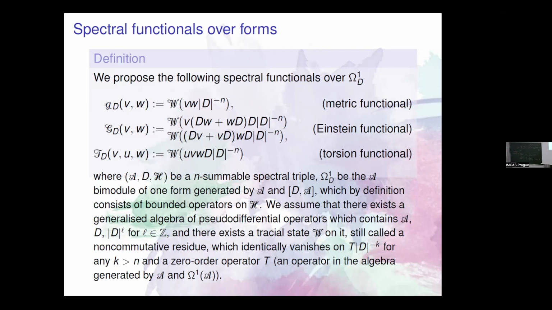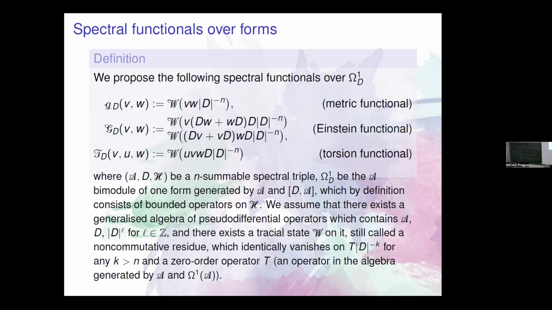What do we take? We take V W, just multiply them. Remember, they are just operators on a Hilbert space. You take the absolute value of D to the power minus n, and you take this non-commutative residue of that. So that would be the residue at s being 0 of V W times absolute value of D to the power minus n plus s. And you take this as a function in s, and you take the residue at s being 0 with some coefficient.